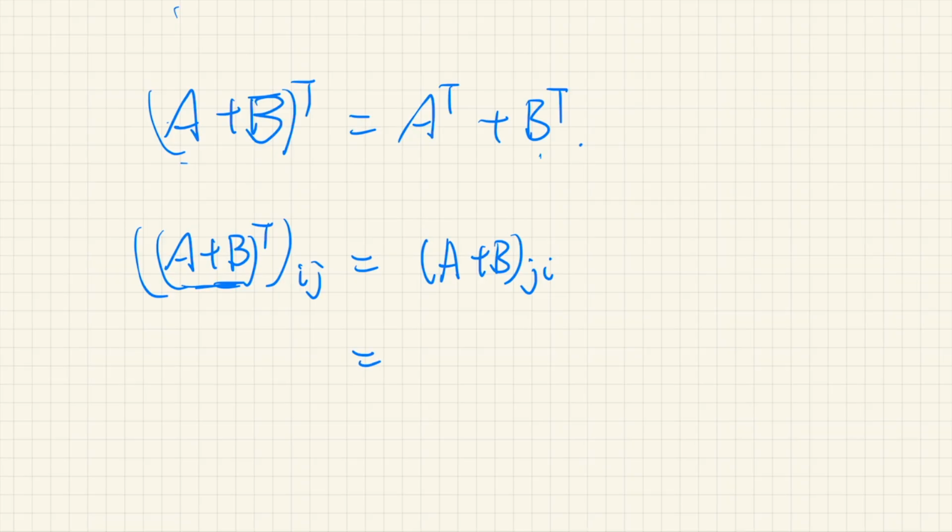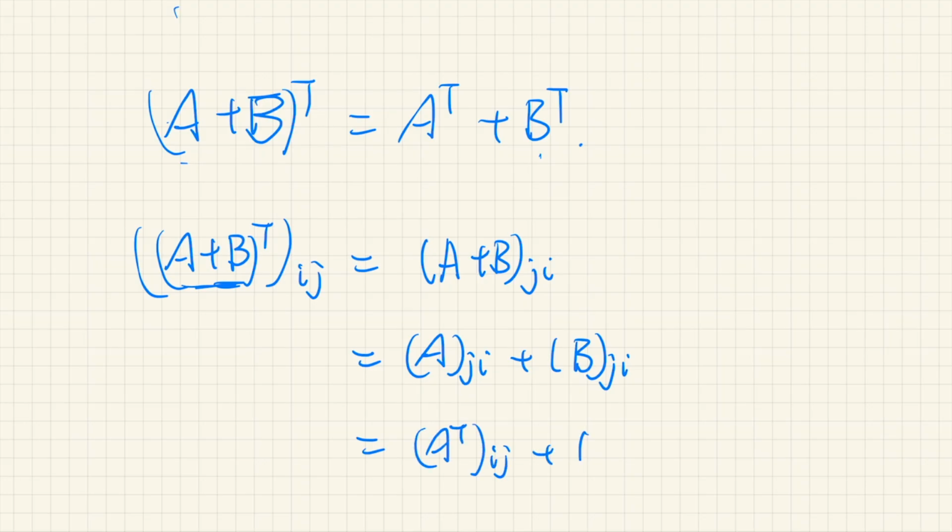By the definition of matrix addition, this is equal to A ji plus B ji. So that is the ij element of A transpose plus the ij element of B transpose. Therefore, this equality holds, and we are done.